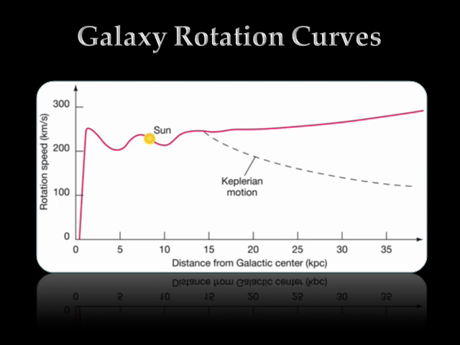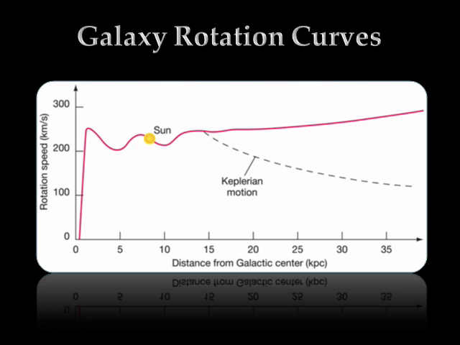It does so under the influence of the gravitational force, and astrophysicists try to predict whether that velocity is the appropriate one. But based on the motion of our sun around the center of the galaxy, and also the motion of stars further and further out on the disk, recall that our sun is about half the distance to the center of our galaxy, and all of that mass outside, in terms of its rotation speed, the rotation speed should drop off and drop off and drop off.